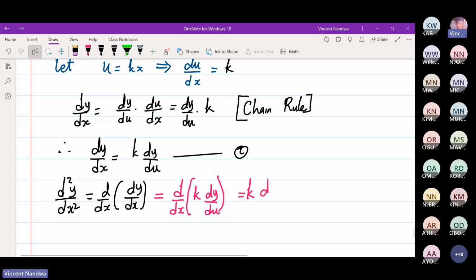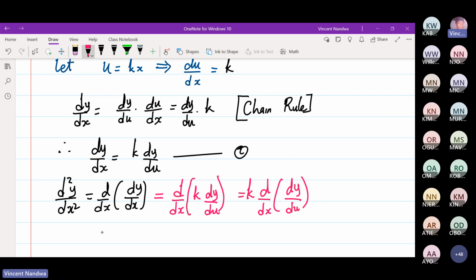So we have k d dx of dy du. With these mixed derivatives, it doesn't matter whether I go with respect to x first followed by u; I can as well start with u followed by x.